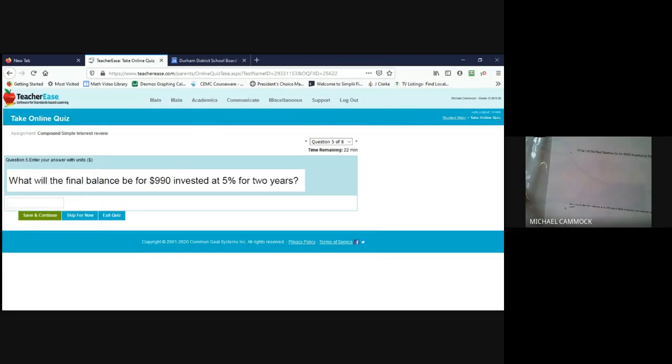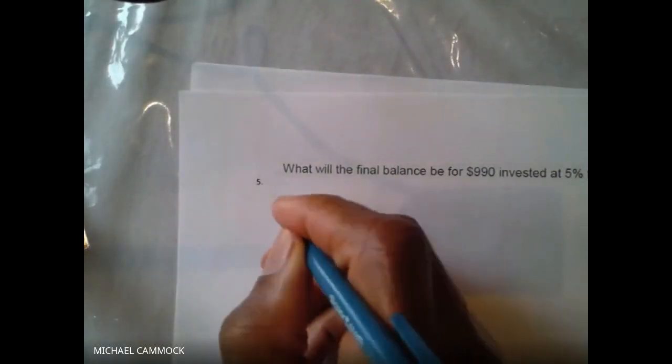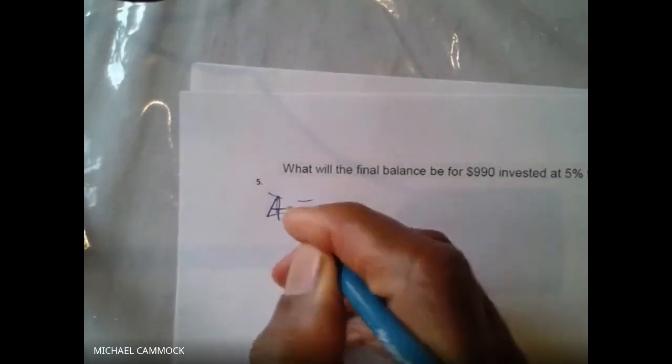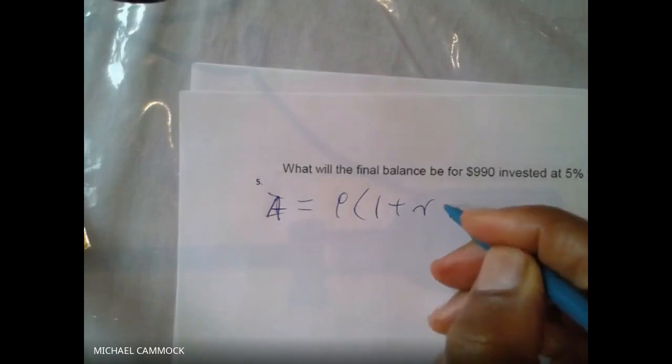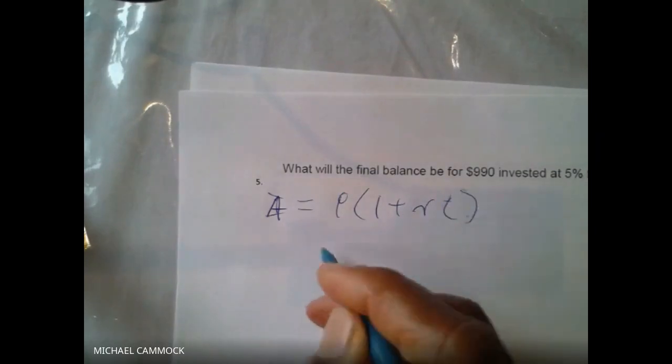I'm going to switch back to the camera. So I'm going to put that in. And again, remember, this is the final balance, so that's amount. So A is equal to the principal times 1 plus R times T, just like the question we just did a while ago.